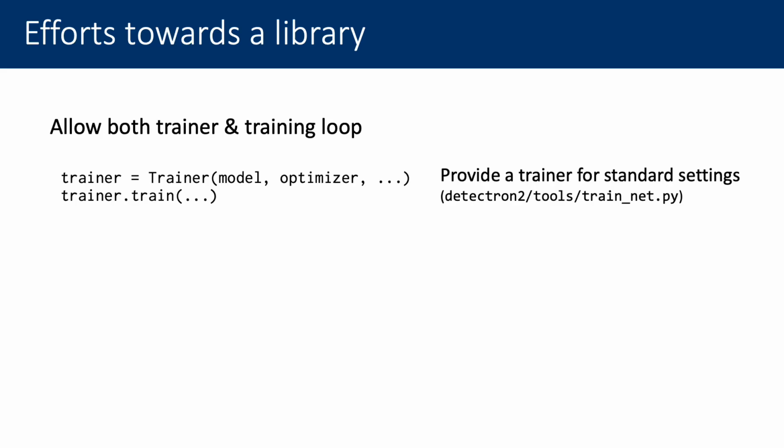We're trying many things to make Detectron2 more like a library, and I'll give a few examples here. One thing is the so-called trainer, which is a pretty common concept, and it appears in many other projects as well, besides Detectron2. It lets users define the necessary information needed for training, such as the model, the optimizer, etc., and it will do the training for you.